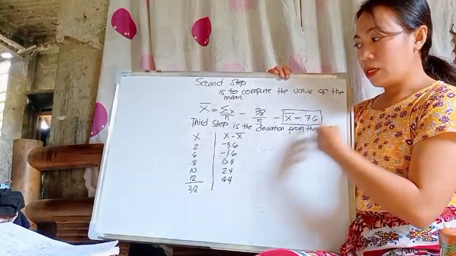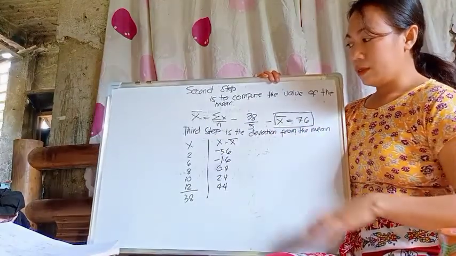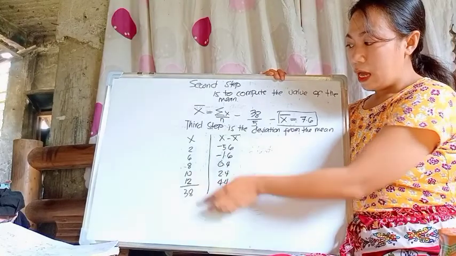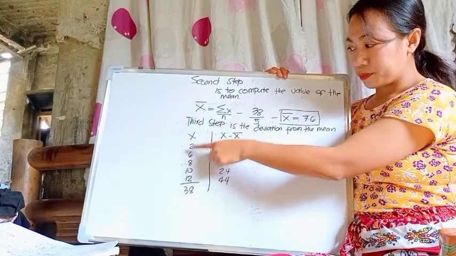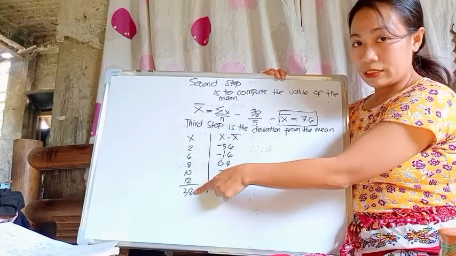Now the third step is the deviation from the mean. Here are the examples. These are our x values, and all we need to do is subtract the mean from every x.